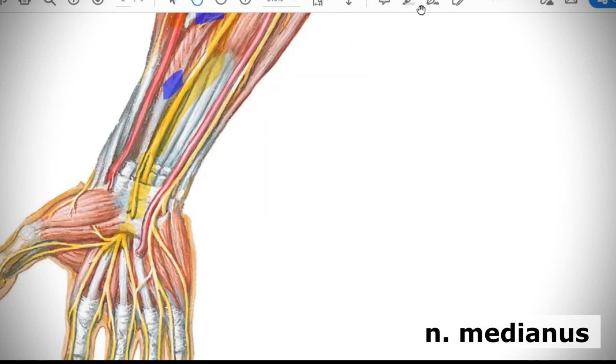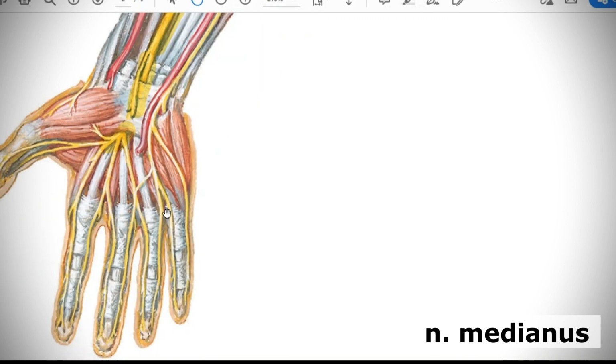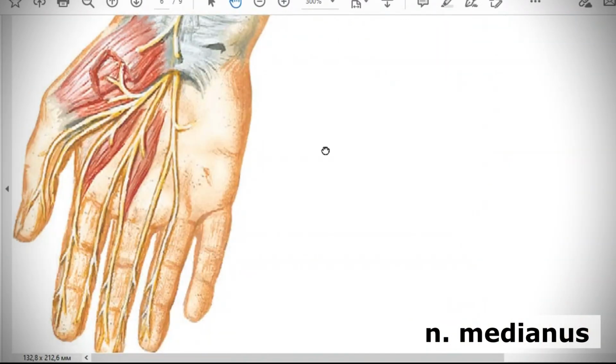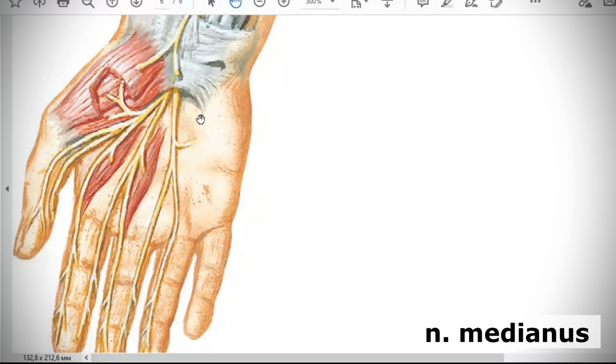Then it gives a small palmar carpal branch at the level of the wrist and innervates skin, and then it goes on to your hand. On the hand, it gives a lot of branches, as you can see, and you can divide them into deep and superficial. All deep branches are motor branches and innervate muscles.